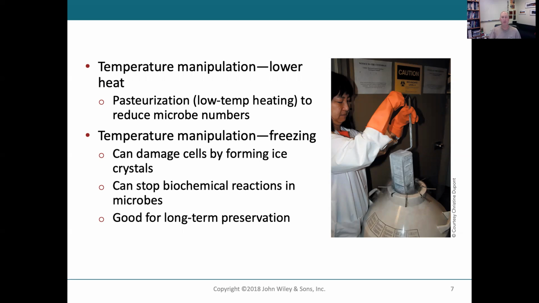What about the other extreme of temperature? Can you kill microbes by freezing them? And the answer is yes, to a certain extent. All cells can be damaged if ice crystals form inside them, and usually killed. But we actually use cold as a way of preserving microorganisms when we add typically a cryopreservative or an antifreeze to them, like glycerol or DMSO, dimethyl sulfoxide.